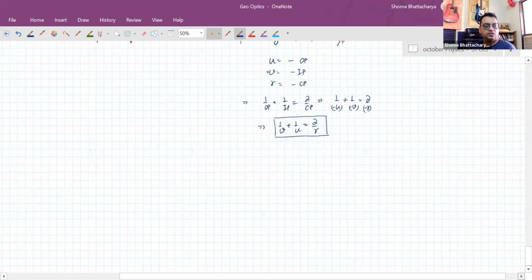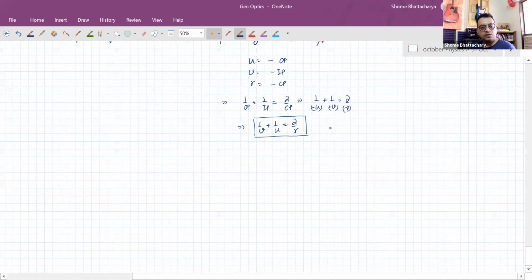So this is the mirror formula. Right now we'll just say it is for convex mirror. Sorry, concave mirrors, my mistake. Taking the example of a concave mirror, it will actually be the same for convex mirrors also when we come to that.